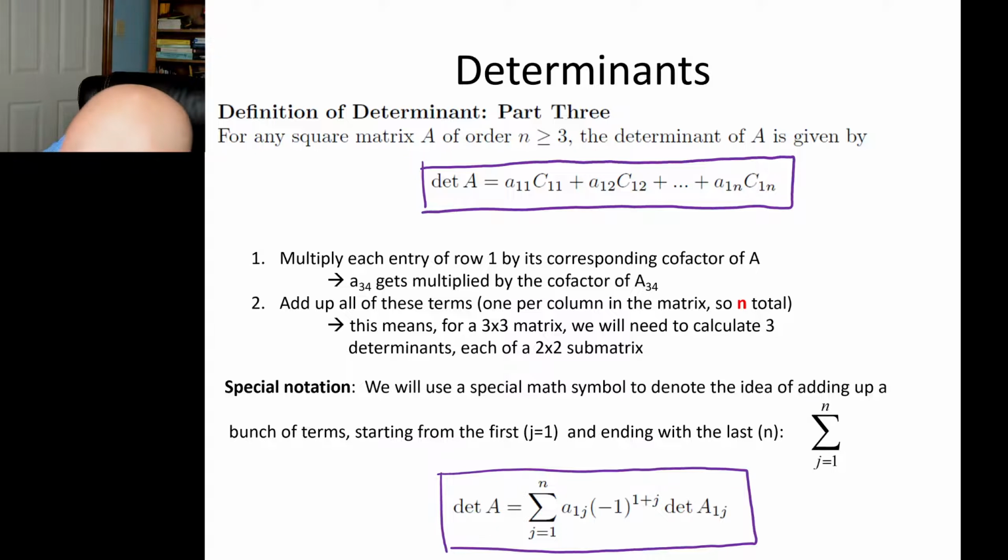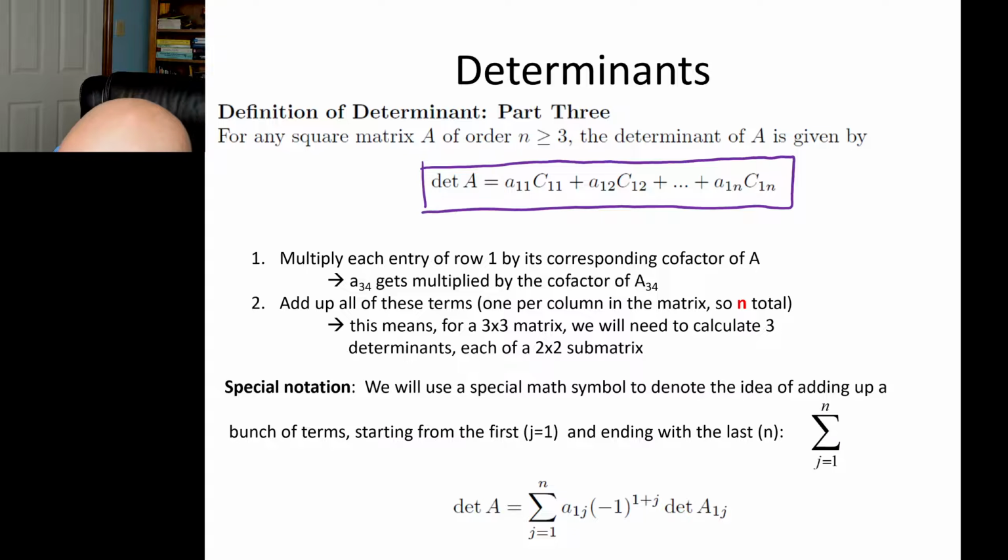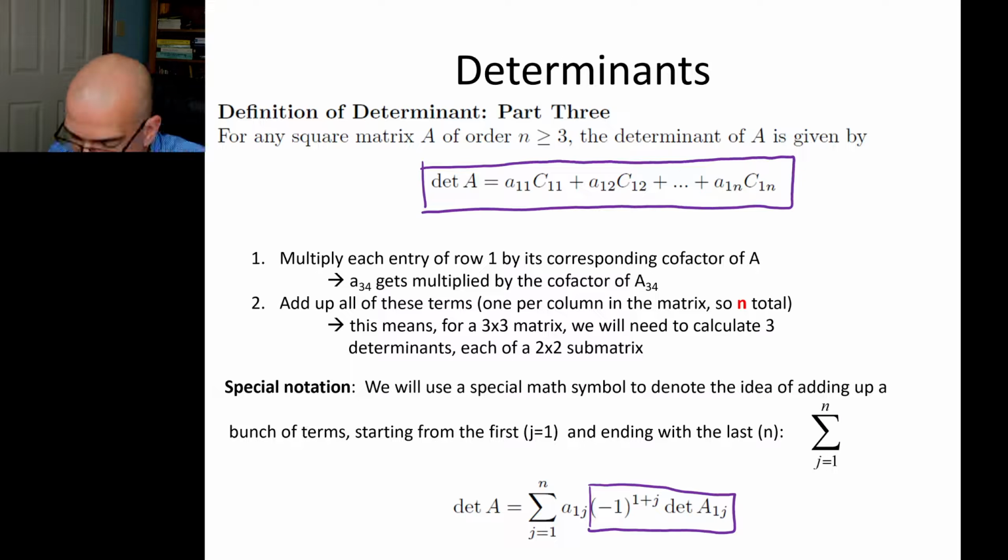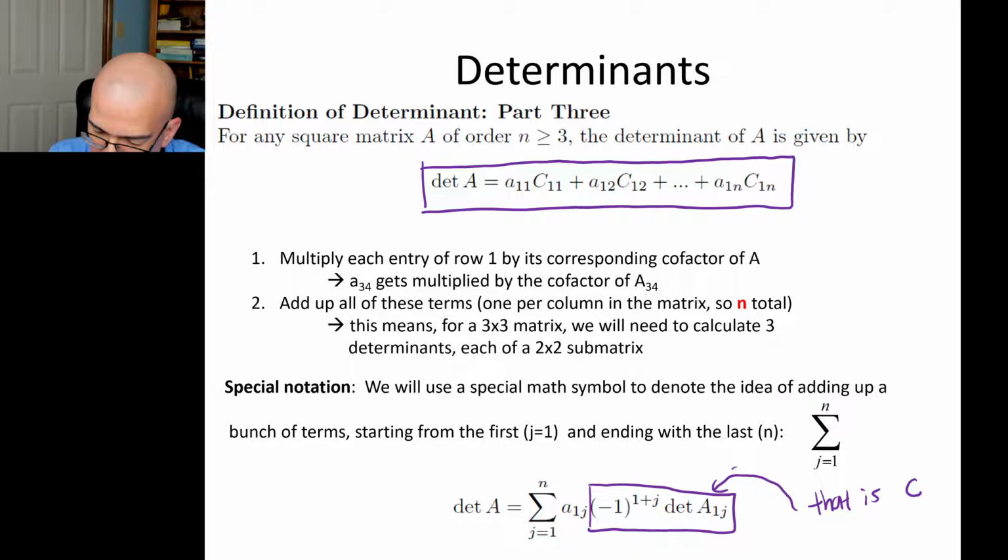So this piece in here, this negative 1 to the i plus j times the determinant of Aij, that is C1j, the cofactor at row 1, column j. So you have the entry at row 1, column j multiplied by the cofactor at row 1, column j.